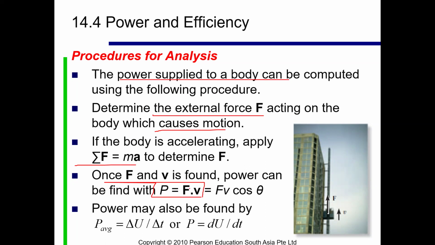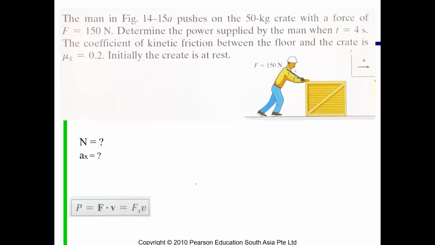Sometimes if the forces are applied at an angle, you need to figure out the right component of force to take. Once you figure that out, you can calculate work done over delta T, the time involved, or through power, force times velocity. I'll show you some related questions.